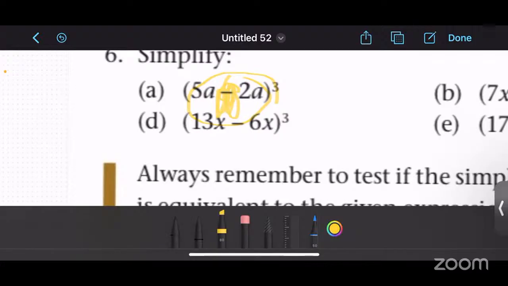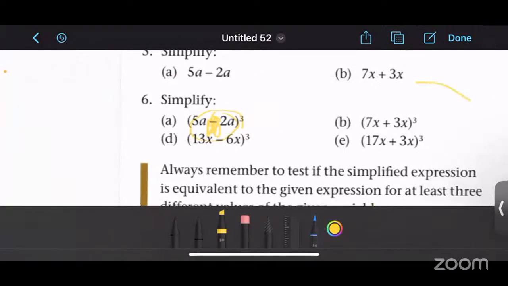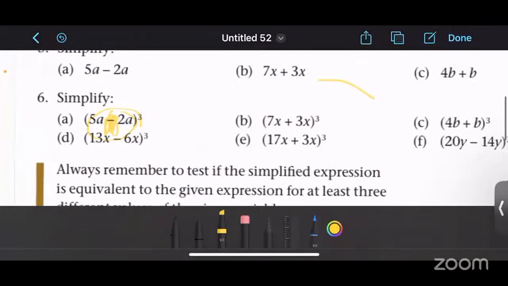So we won't multiply the 5 to the power 1 with the power of 3, because there's a minus in between which limits us from doing so. Yes, I understand now, ma'am. Great. Now let's do B.